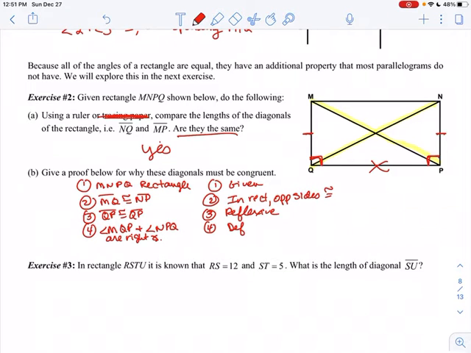That's the definition of a rectangle. It's a parallelogram with a right angle. If they're both right angles, that means they're congruent to each other. So angle MQP is congruent to angle NPQ, and that is because all right angles are congruent.